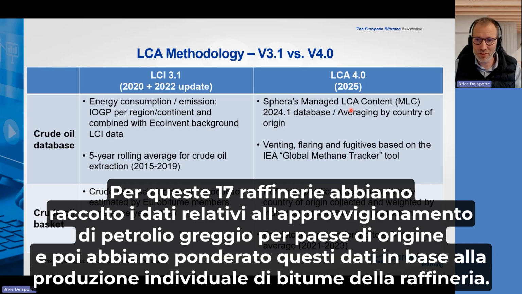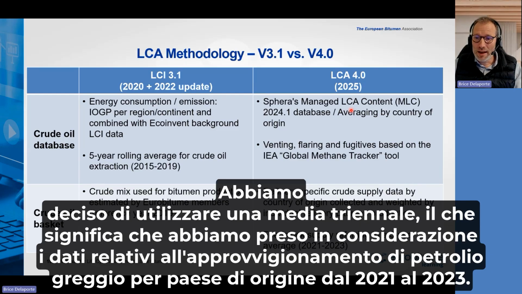And for these 17 refineries, we collected crude supply data by country of origin. And then we weighted this data by the individual refinery bitumen production. And we also decided to use a 3-year averaging, meaning that we took into account the crude supply data by country of origin from 2021 to 2023.